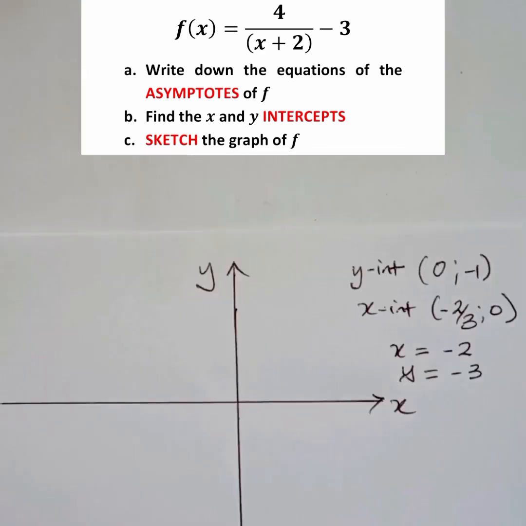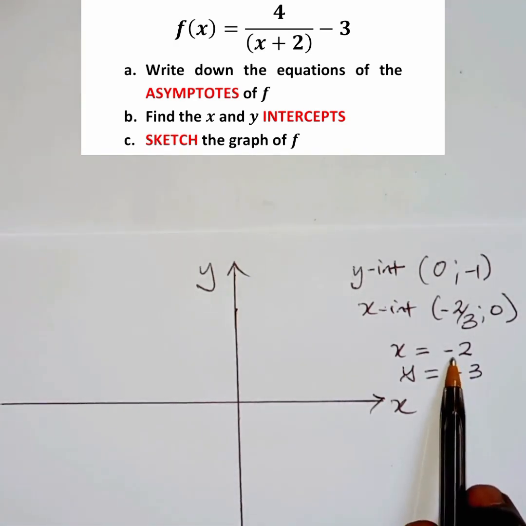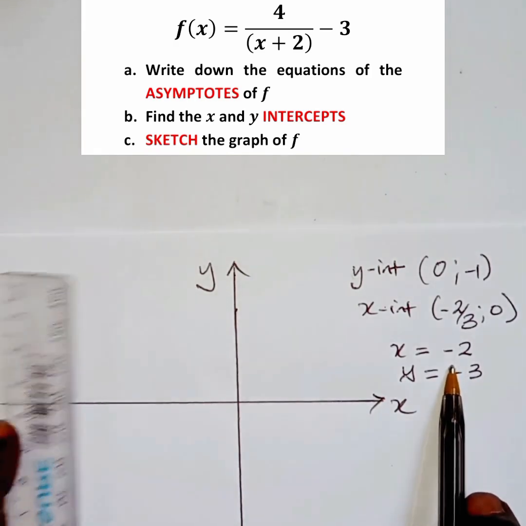All right. Now, the last part of this question requires us to sketch the graph. I've managed to collect the information that we had from above. We have the y-intercept, the x-intercept, and the horizontal and vertical asymptotes. So now let's begin by drawing the vertical and the horizontal asymptotes. We've got x = -2. That is the vertical asymptote.